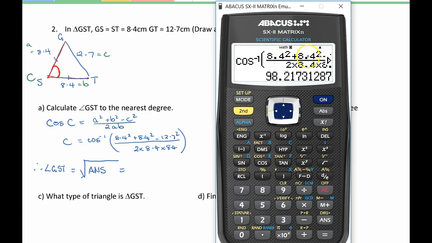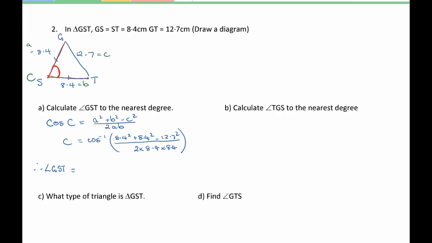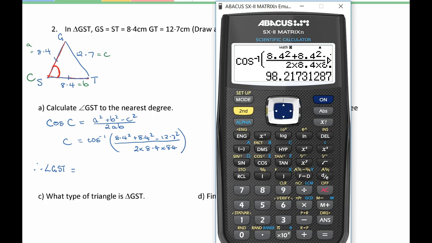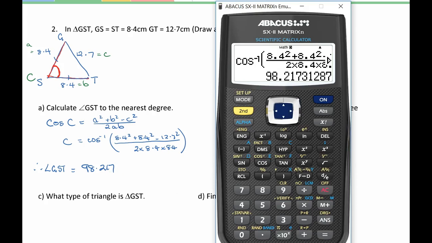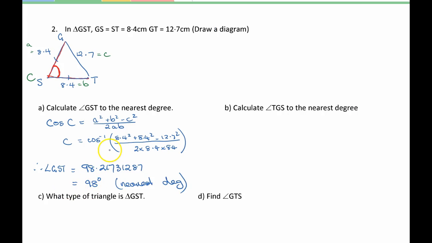Cos inverse 8.4, etc. is 98. Sorry, we definitely don't need any square root there. We're finding the angle. I've gone back and named it angle GST, and we'll write it up as we should: 98.217, which is rounded to the nearest degree, which is 98 degrees.